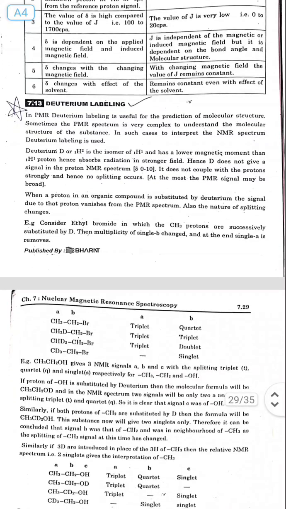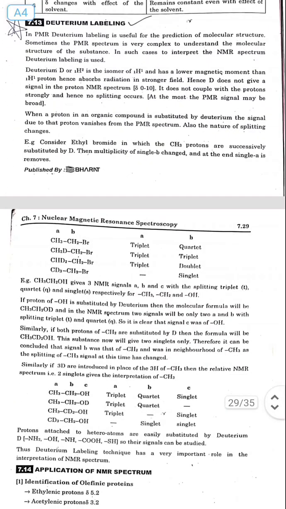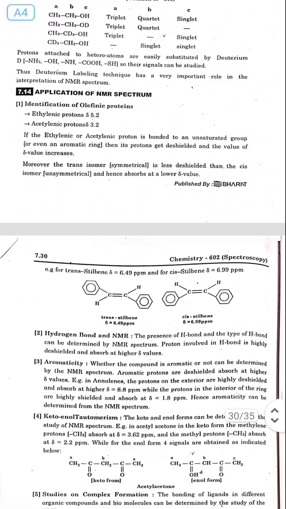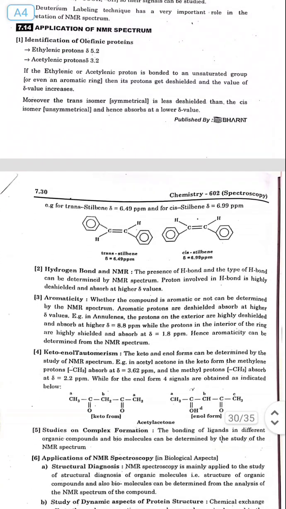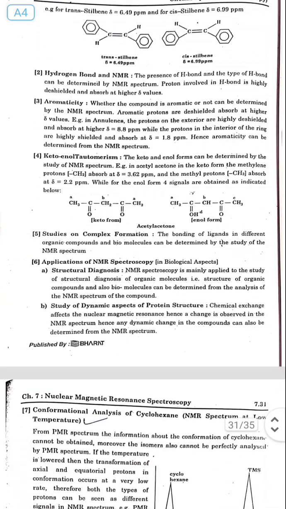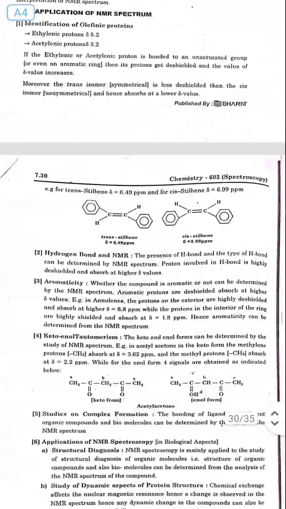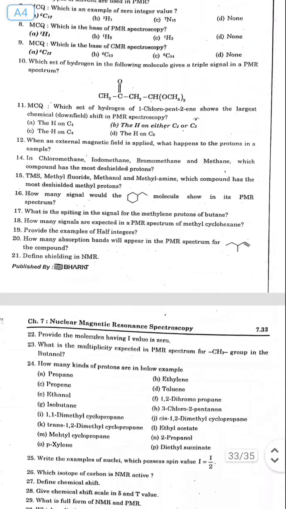Determinants, labeling, what is labeling, and triplet. Now I will discuss applications of NMR spectroscopy: to identify olefinic protons, hydrogen bonding, aromaticity, keto-enol forms. These are all helpful for you.